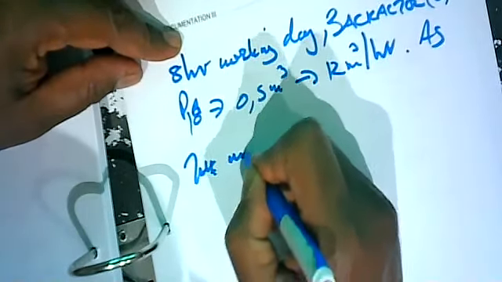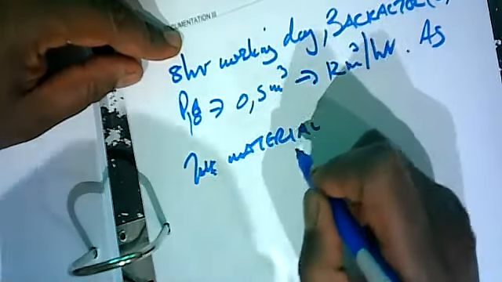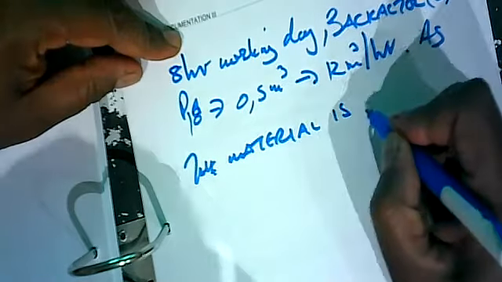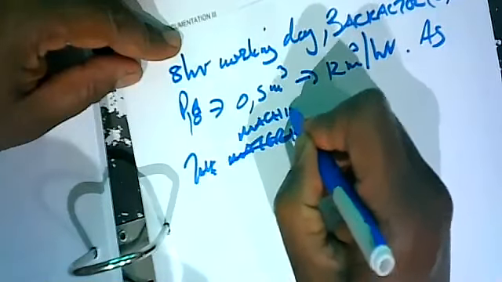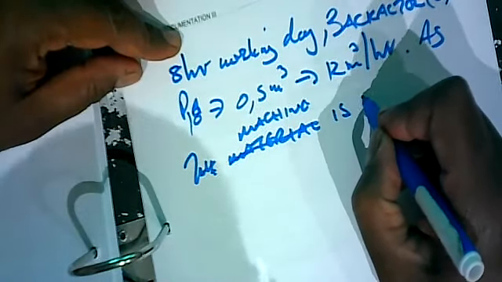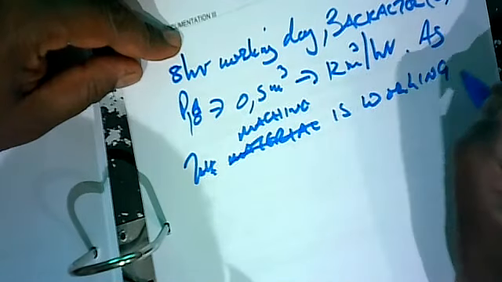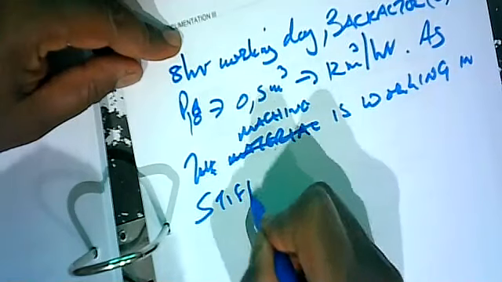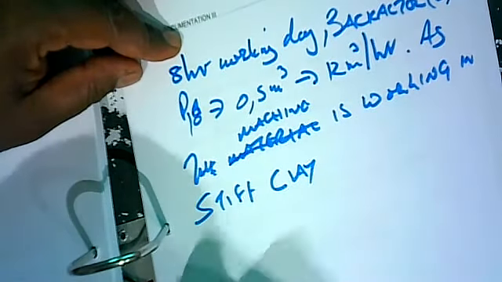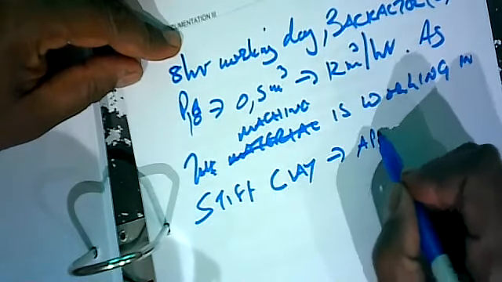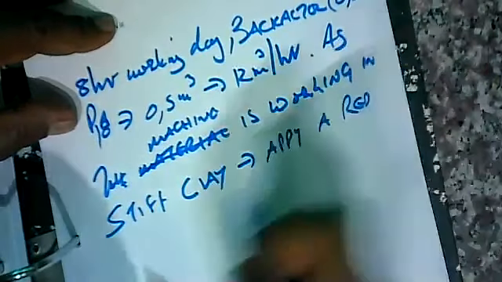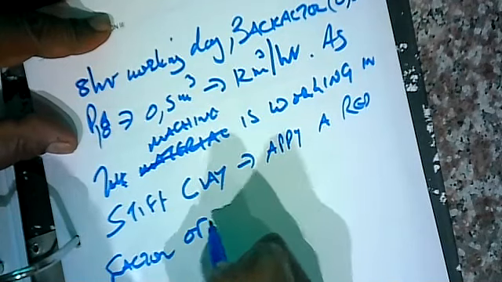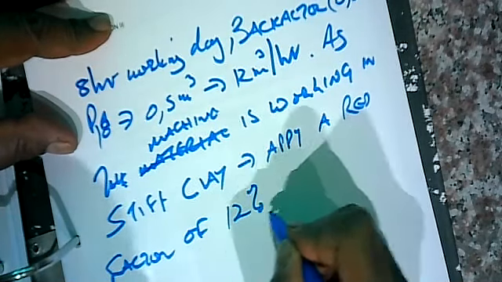As the machine is working in stiff clay, then apply a reduction factor of 12%.